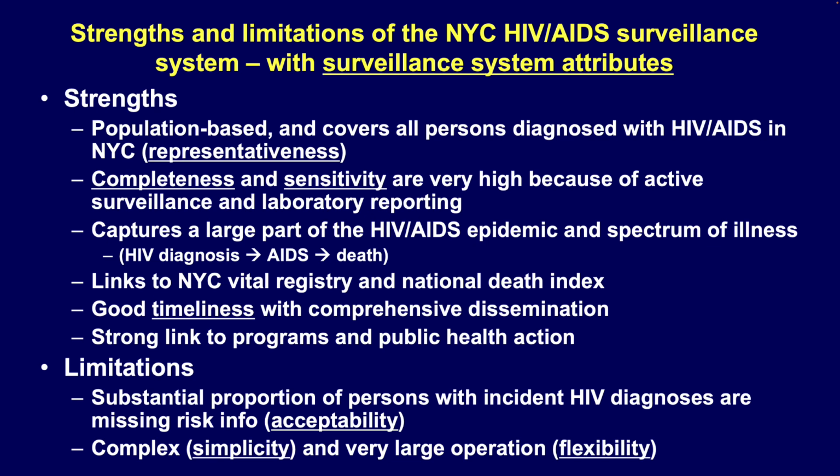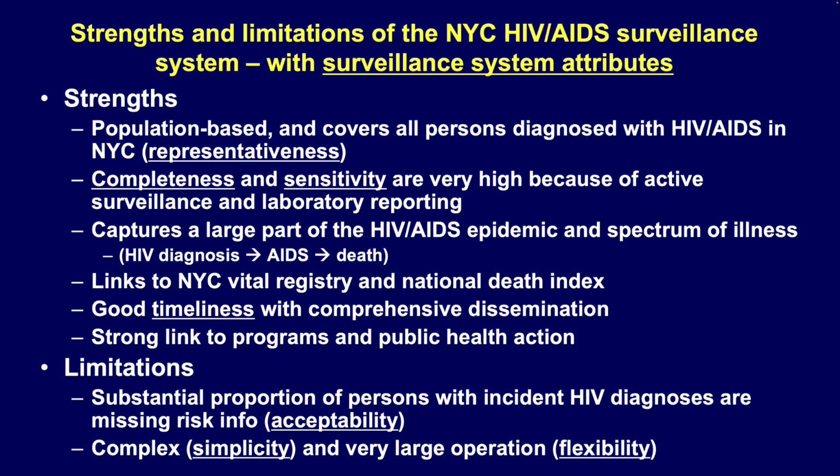The surveillance system's completeness is very high also because of the active surveillance piece, as well as laboratory reporting, which can essentially be automated. Completeness of case reporting is likely above 95%, which is very unusual and very high for notifiable disease reporting systems.